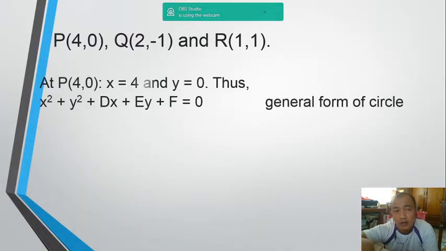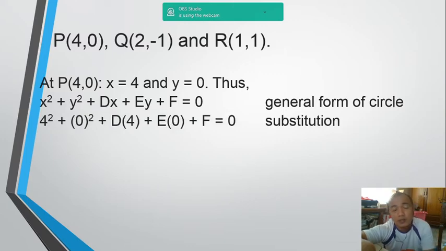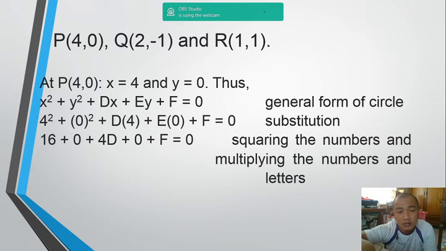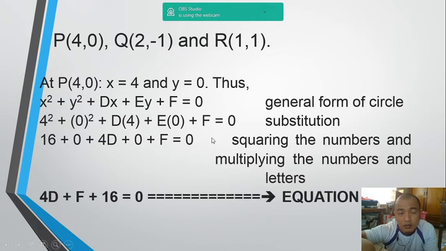Okay, so for point P, 4, 0, the first step is to substitute to the general form. X equals 4, y equals 0. Ayan. Substitution. Then square 4 and 0 is 16 plus 0. 0 times E is 0. So plus F. So what is our equation 1? Ayun. 4D plus F plus 16 equals 0.